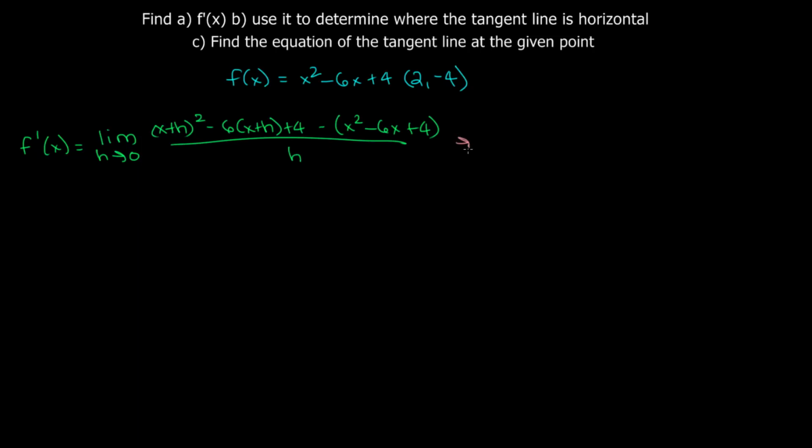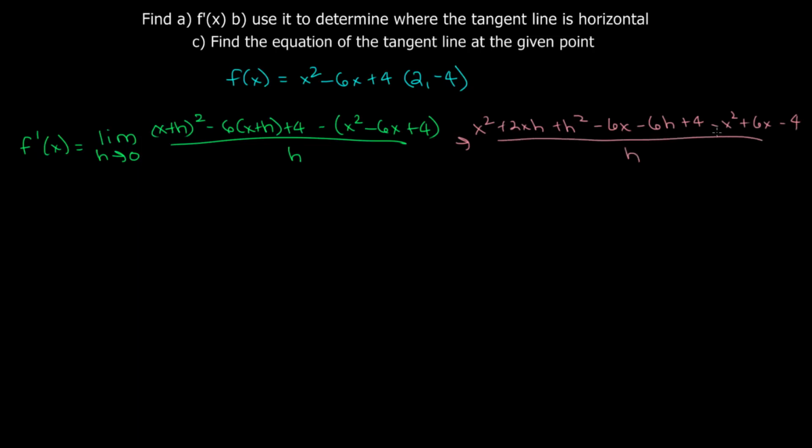We can simplify this down by expanding: x squared plus 2xh plus h squared minus 6x minus 6h plus 4 minus x squared plus 6x minus 4, all over h.